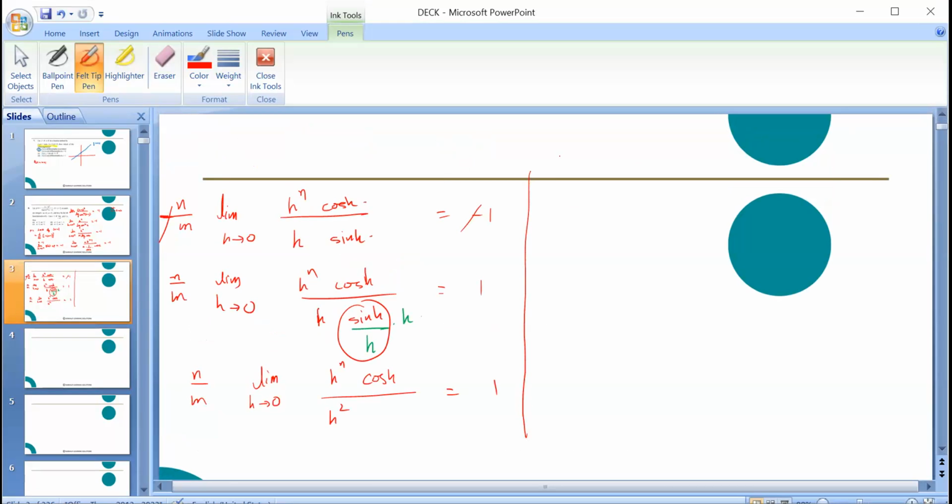This will be n by m, limit of h power n minus 2 cos h as h approaches 0 is 1. If you put h as 0 for cos h, it will be 1. N by m, limit of h power n minus 2 as h approaches 0 is 1.